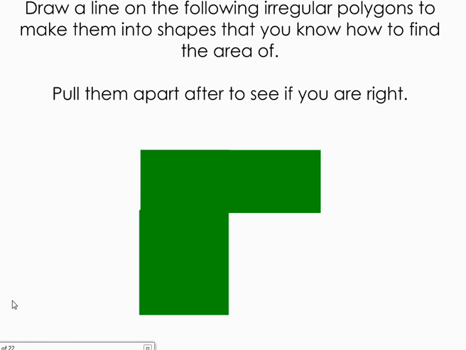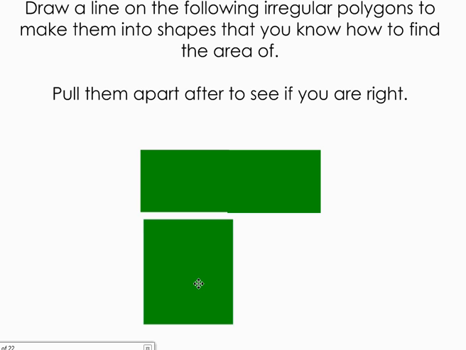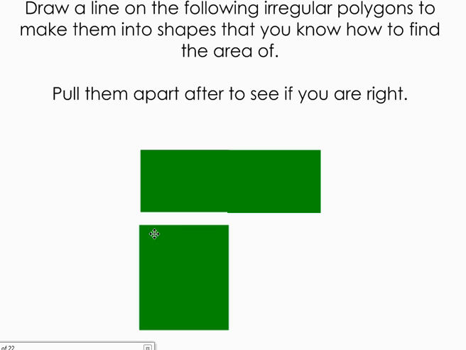All right, so let's take a look at this shape. This shape is not regular, but looking at it, you can see regular polygons in this shape. It is comprised of other shapes. For example, if I pull this off, I have a rectangle. I have 4 square corners and 2 sets of parallel lines. I can also pull that off, or I can leave it on if I needed to, and have another rectangle.